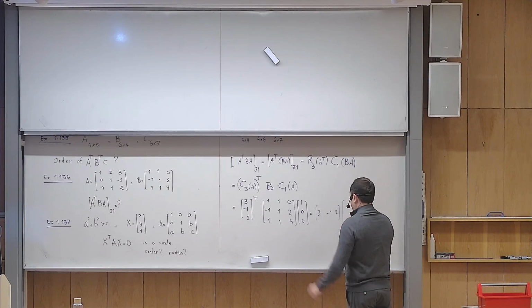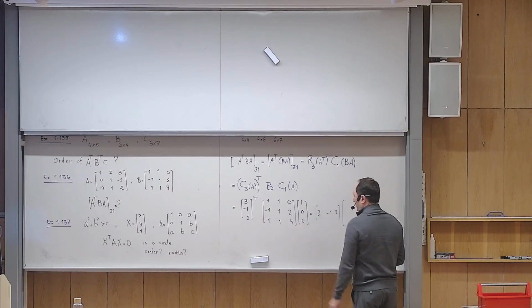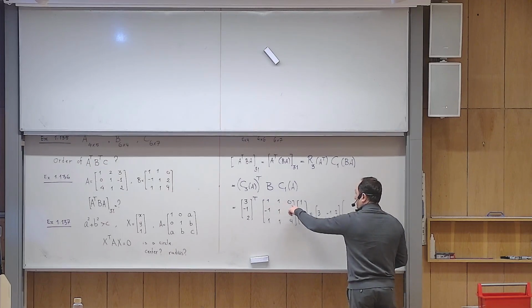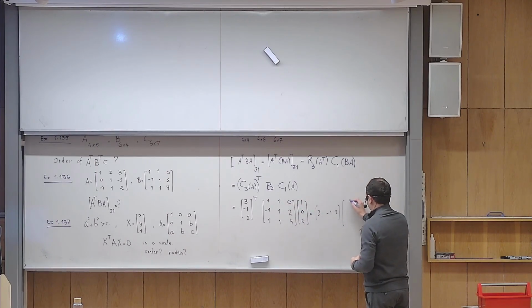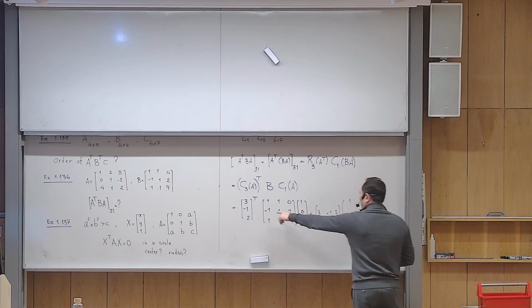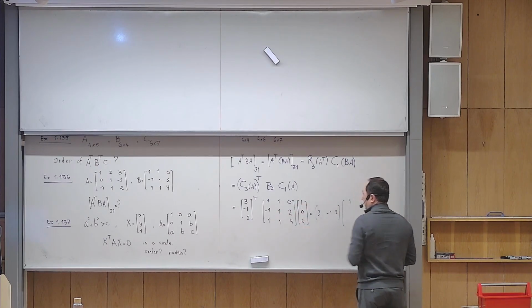And then I start multiplying these two. I have to multiply each row by this column. So the first row by that column: 1 by 1 is 1, 1 by 0 is 0, 0 by 4 is 0. So when I add them up, it becomes simply 1. And then I will take this one and multiply it here.